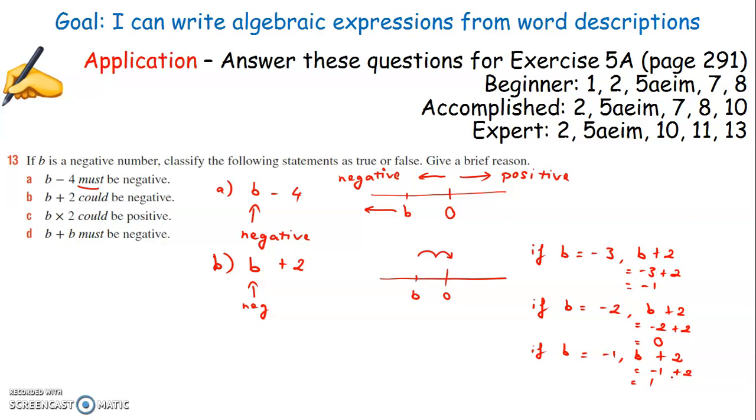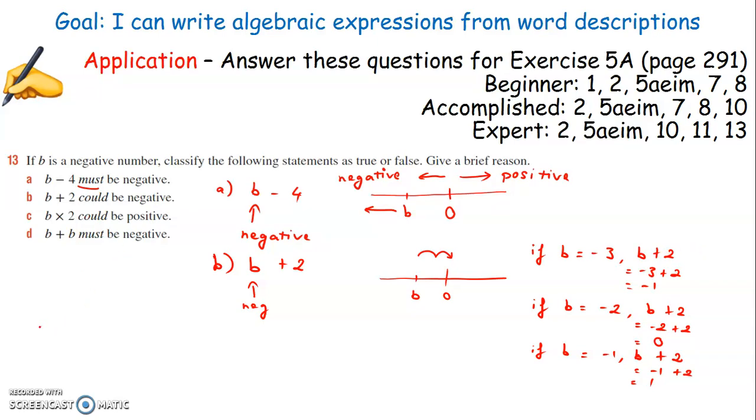Not just one moment, my bad, but there are some values for B where when you plus 2 it's going to give you a positive number. And in your explanation, you can use some trial and error, just like what I've done here, to give your reasoning.